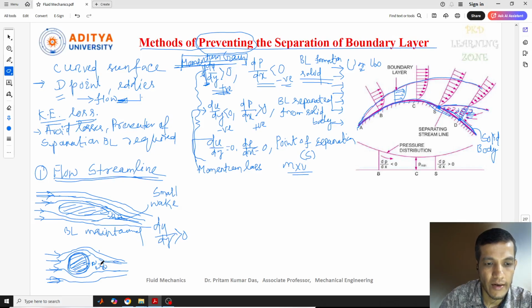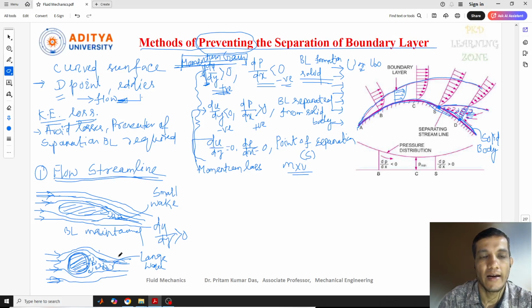Here we'll get a large wake formation at this point. So due to this, there will be a problem in the fluid flow. These wakes or eddies formed here will create a problem in the fluid flow. The fluid will not be in the streamline condition, so we should avoid this.